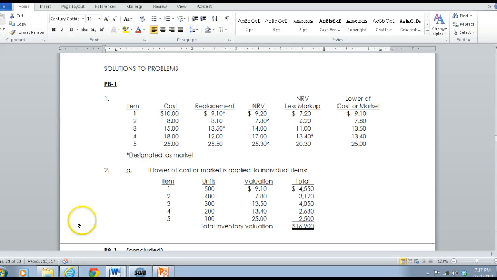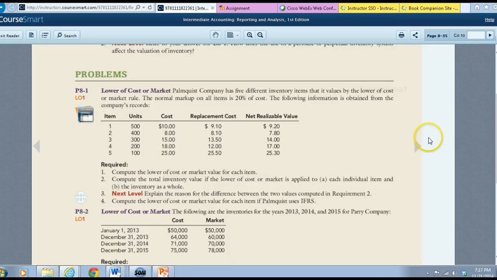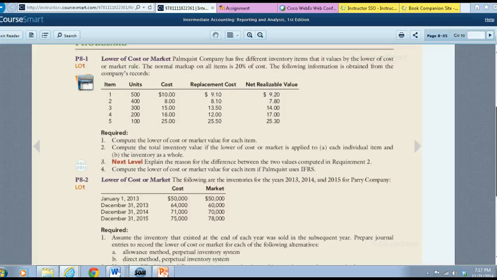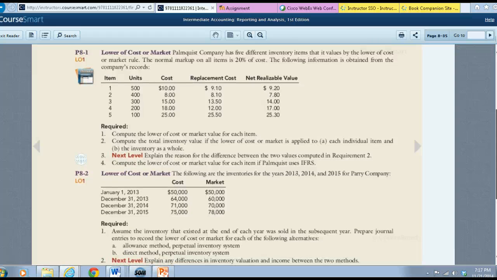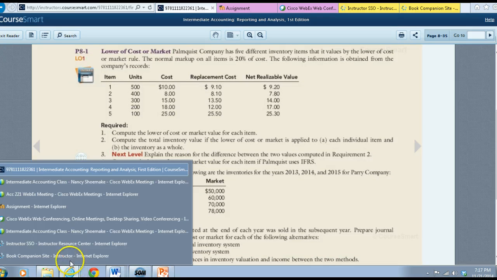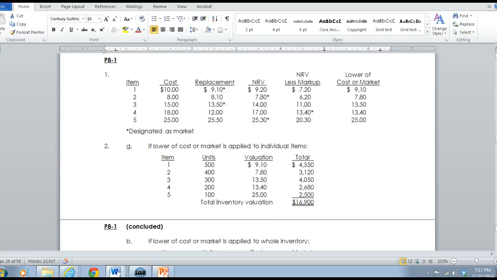Number 2, the second part asks, compute the total inventory value if the lower of cost or market is applied to each individual item and the inventory as a whole. So again, if we look at each individual item, we know from part 1 what we're going to use.